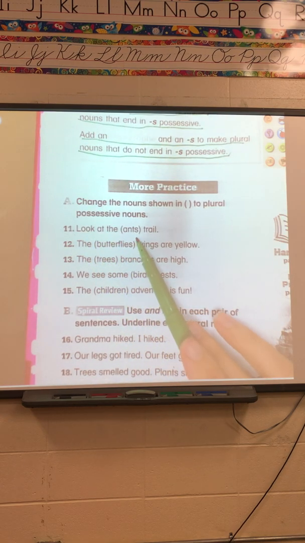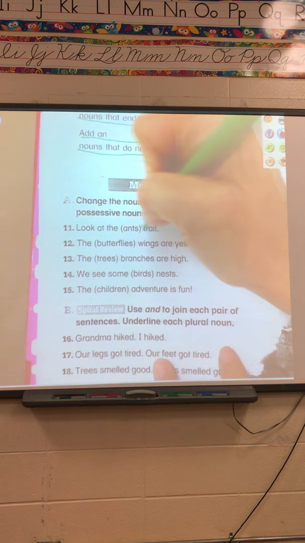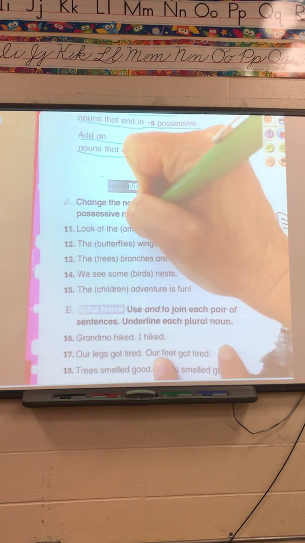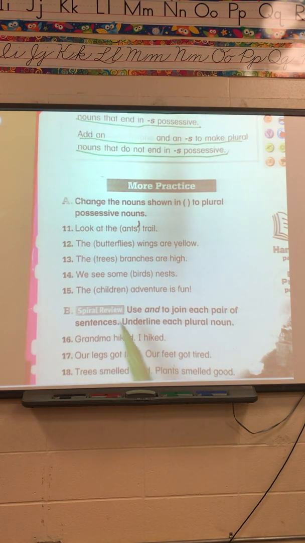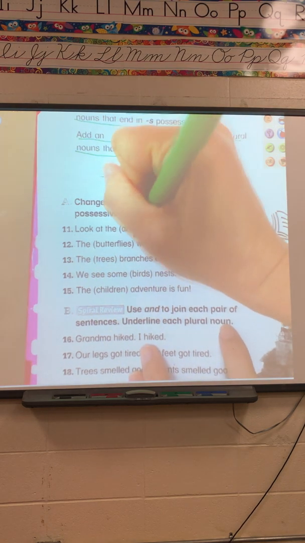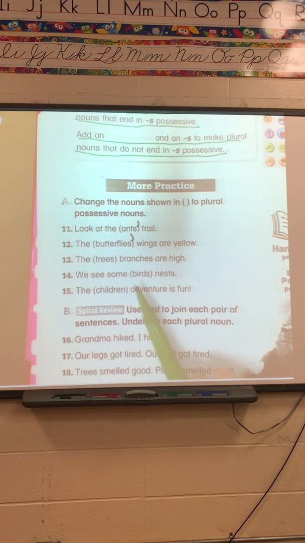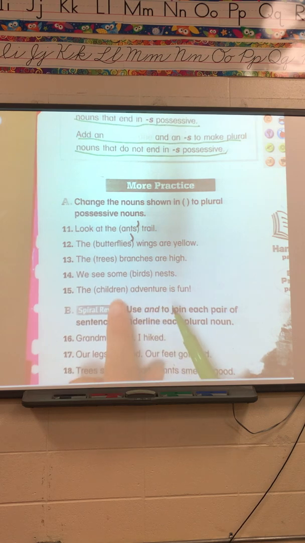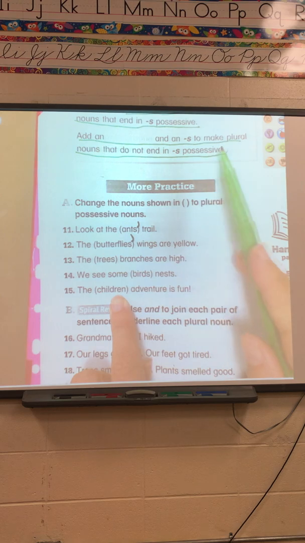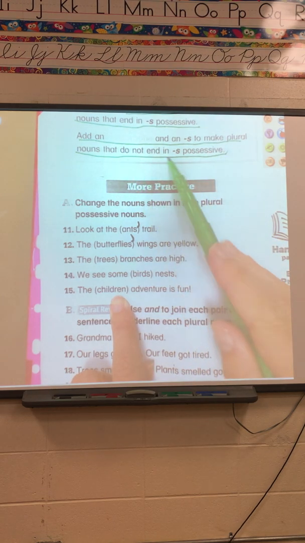Look at the ant's trail. It already ends in S, so I'm just going to put an apostrophe after the S. The butterfly's wings are yellow. It already ends in S, so I'm going to put an apostrophe after the S. This one ends in S. This one ends in S. Children does not end in S. What does it tell us to do if a plural noun does not end in S?